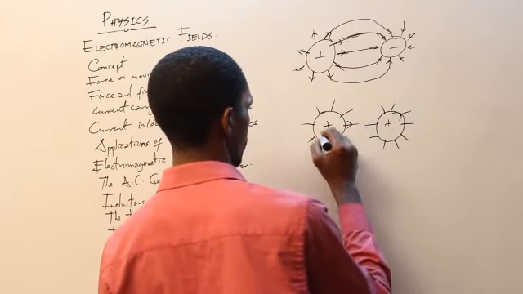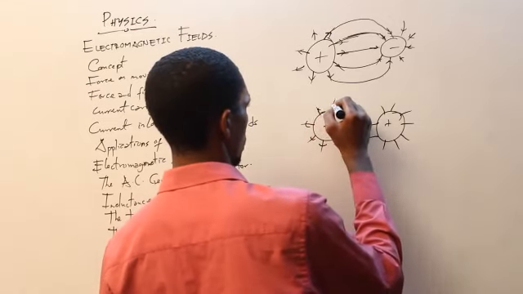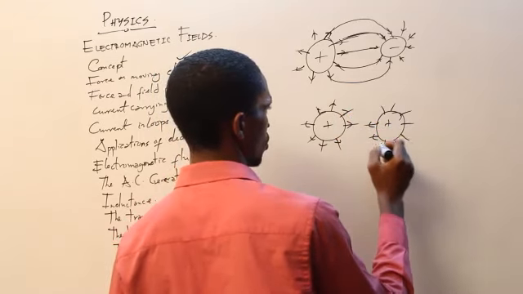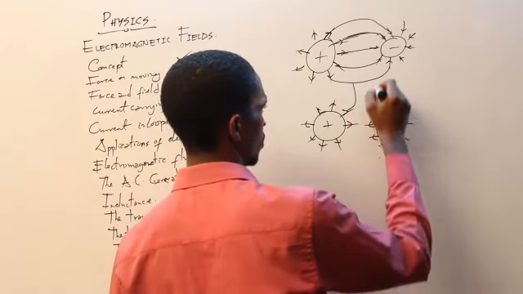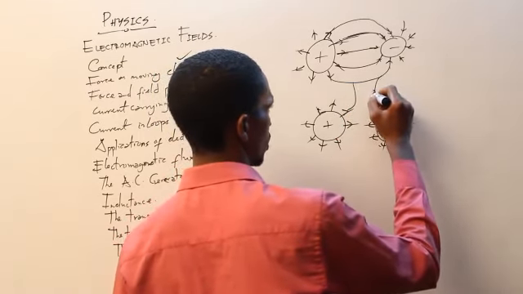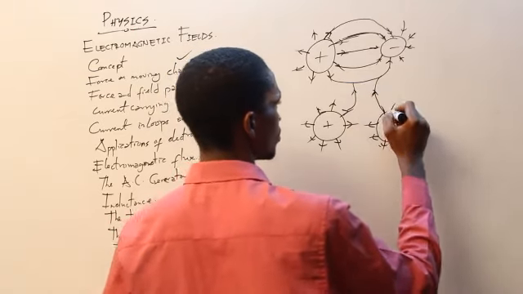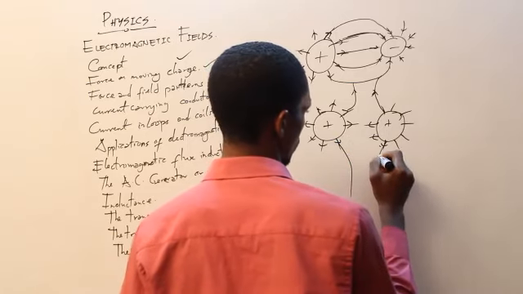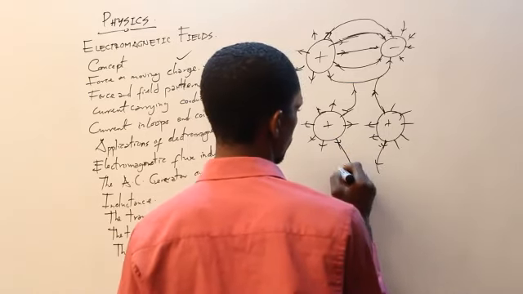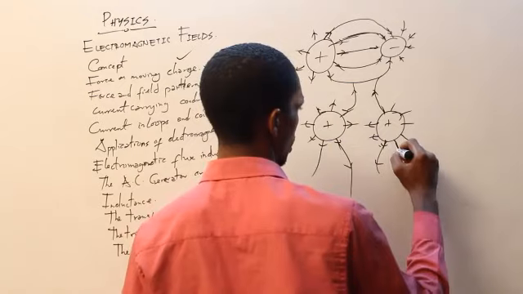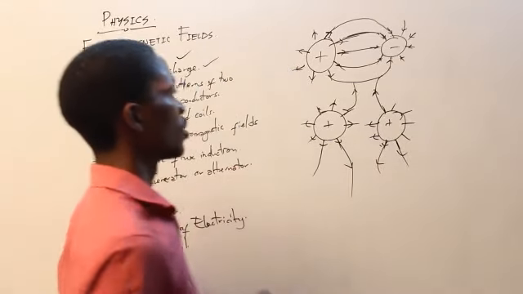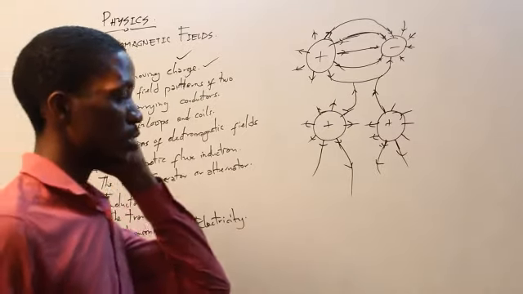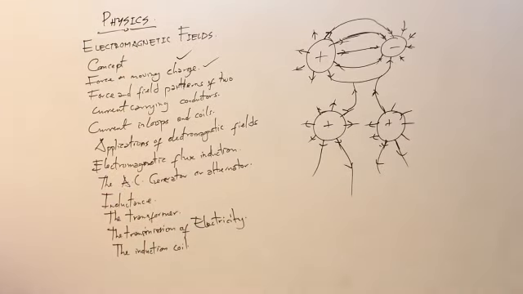So they can't fuse into each other. They will repel one another. So that's what the field diagrams look like.